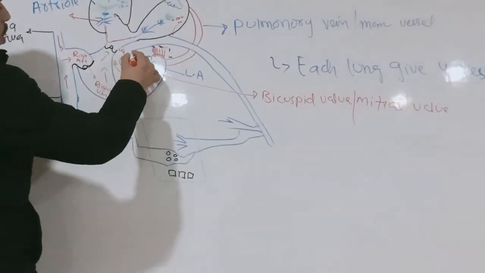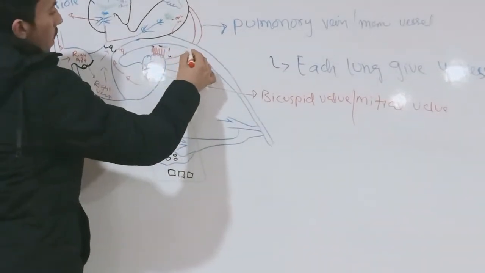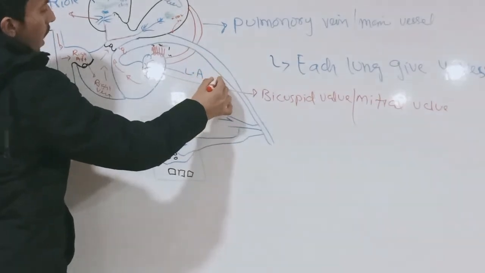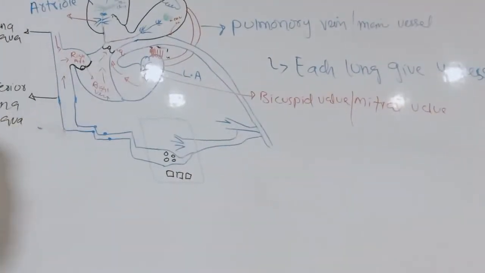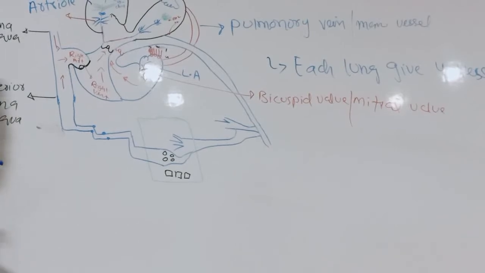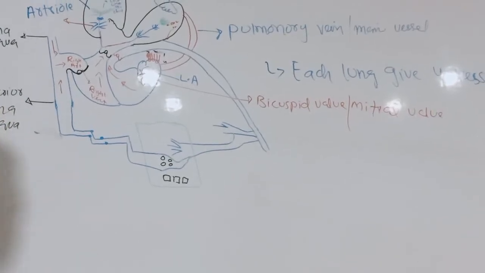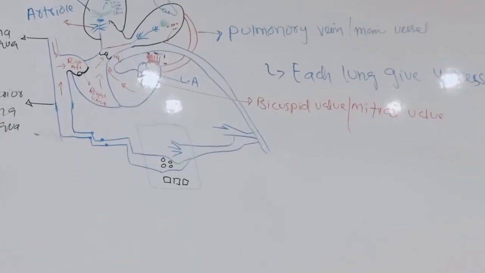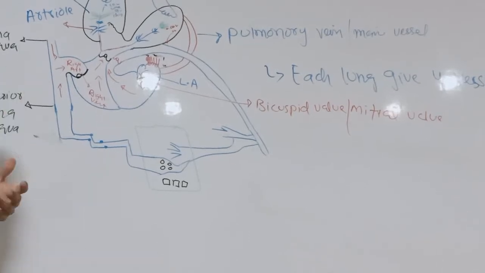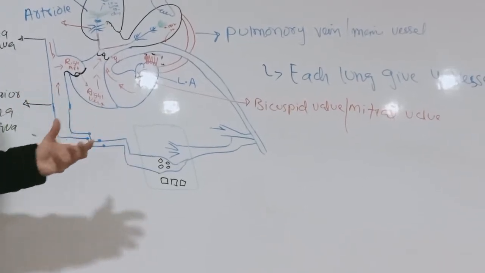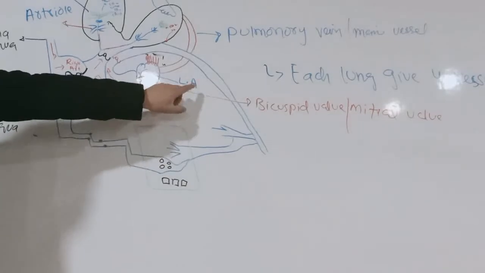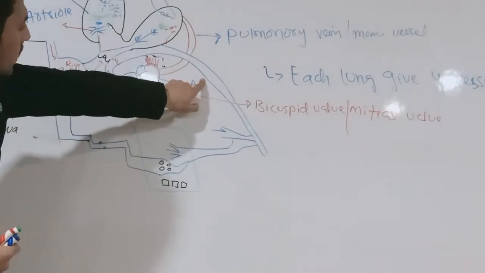Now the aorta will rise, and naturally when further moving, it is narrowing. It is narrowing to enter the tissue. To enter the tissue, the aorta naturally narrows. Look at this structure.